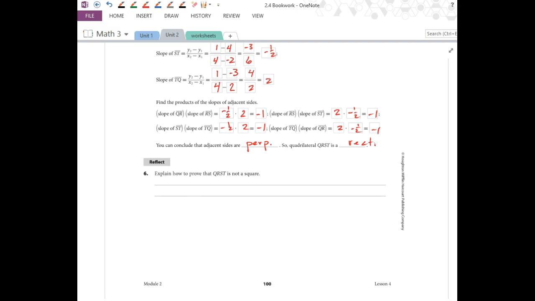So you can say any angle not 90 degrees or any side not equal to the others. Does that make sense? So you can talk about it either way. You can do it with the angles or with the sides. Last page, guys. We're cruising.